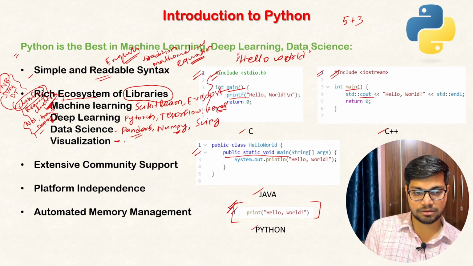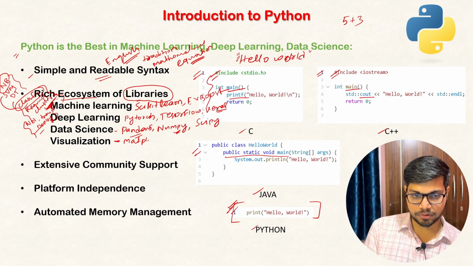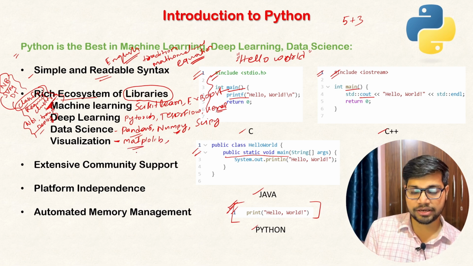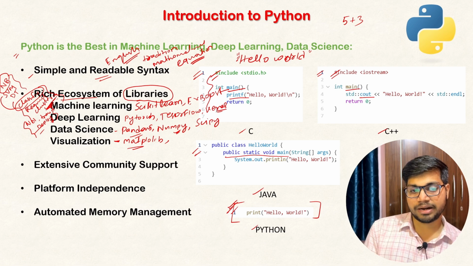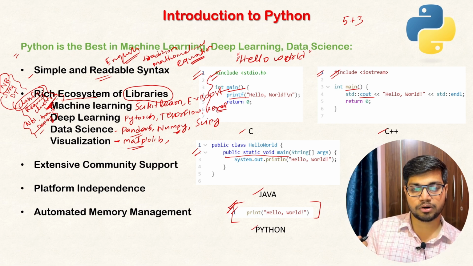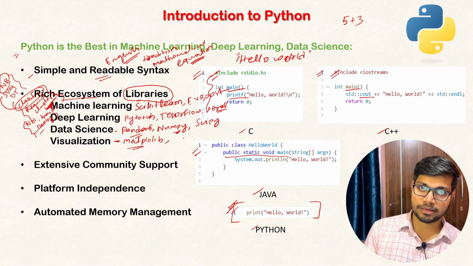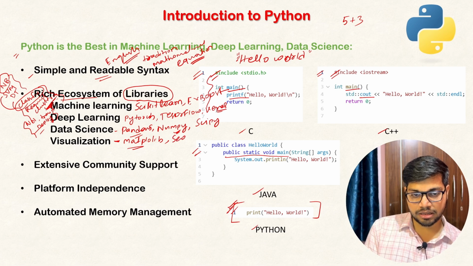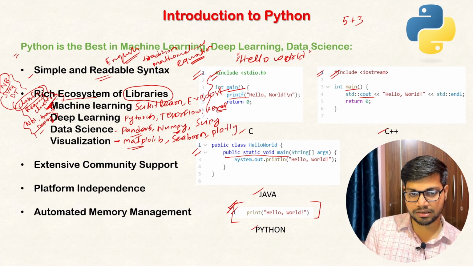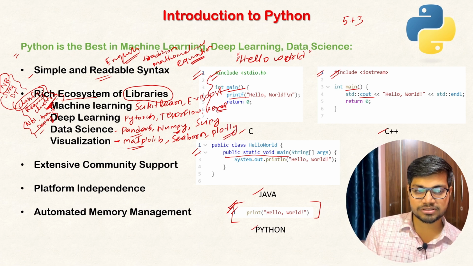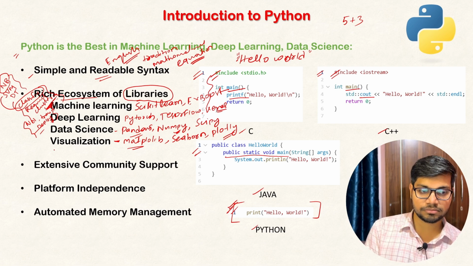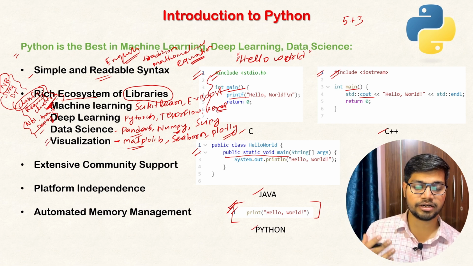Various libraries provide visualization, like matplotlib, where we can draw various plots like bar plot, scatter plot, line plot. Then the Seaborn library, then another library is Plotly. These are the famous libraries available for machine learning, deep learning and data science work.